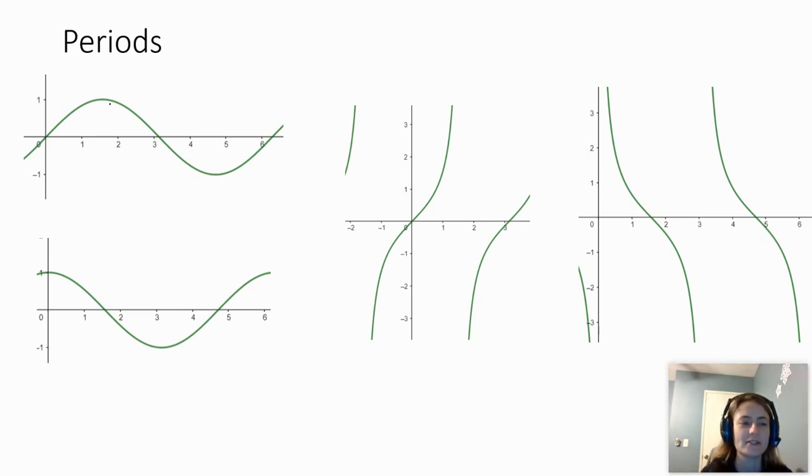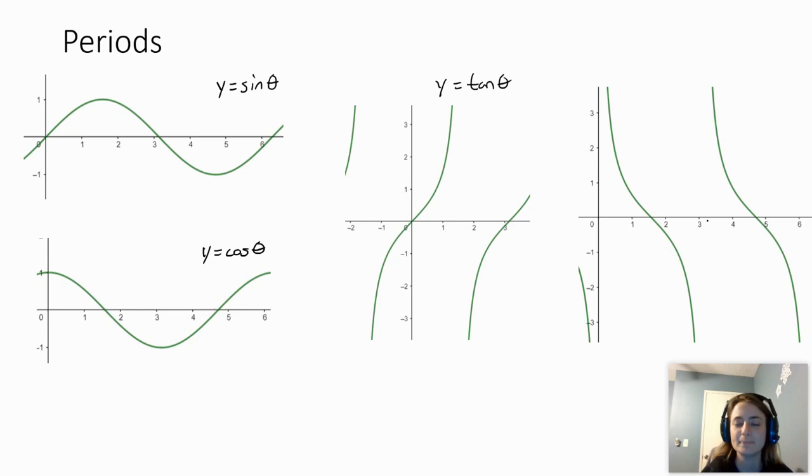Now I notice this graph looks familiar. This is the sine graph. This is cosine. This graph here, the midpoint is at the origin, so that is tangent.